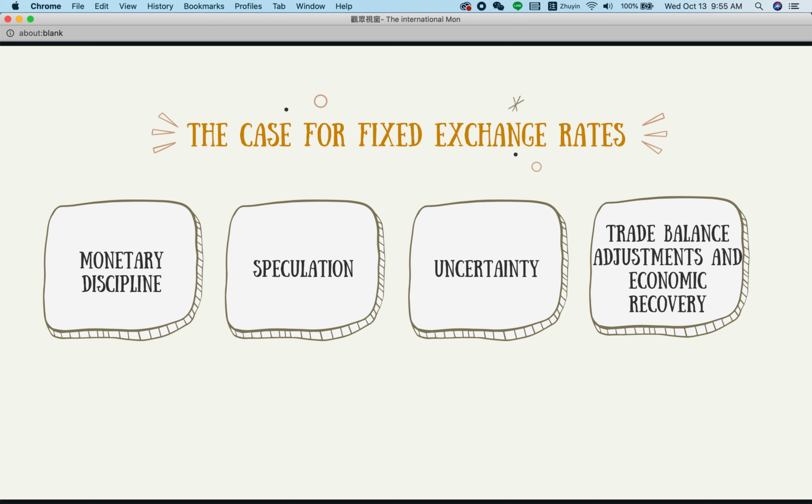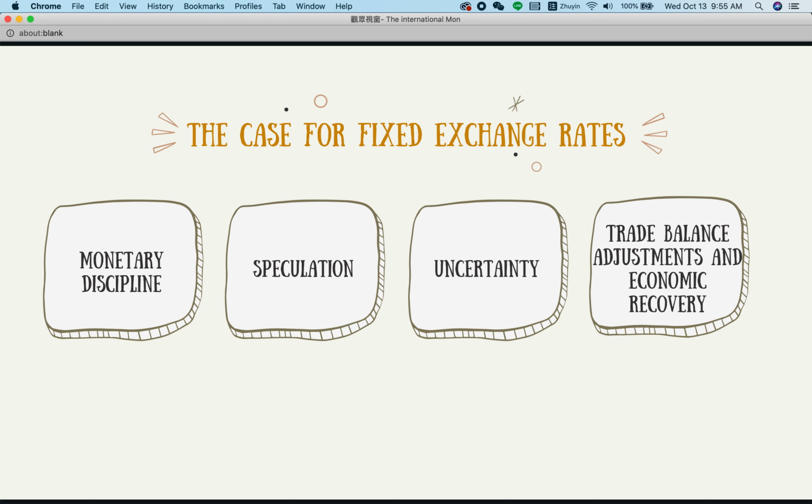Critics of floating exchange rate regimes also argue that speculation can cause fluctuations in exchange rates.